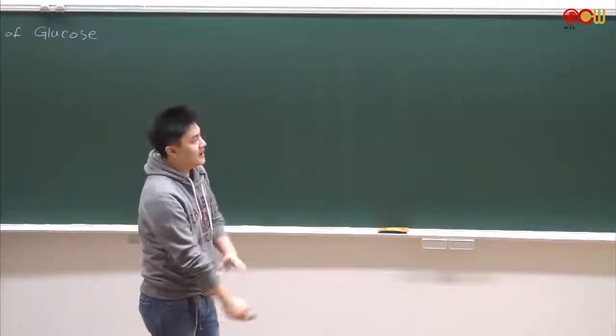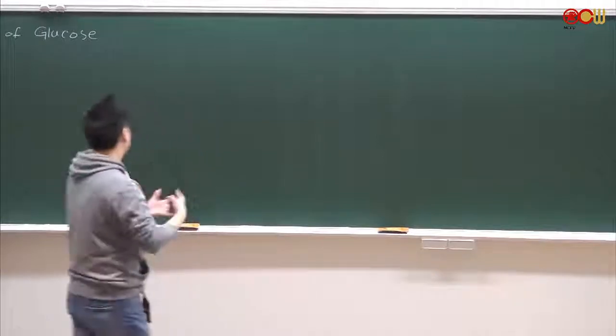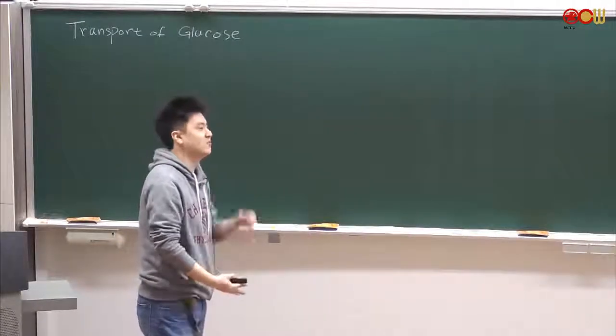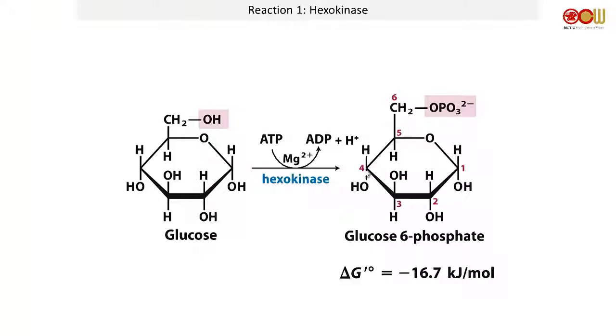This is the net reaction for the EMP pathway. We're going to talk about each reaction in detail, and about their mechanism. The first reaction is called hexokinase. Why do you think it's called hexokinase? Kinase is obvious: a kinase is an enzyme that uses ATP as a phosphate donor to phosphorylate something.